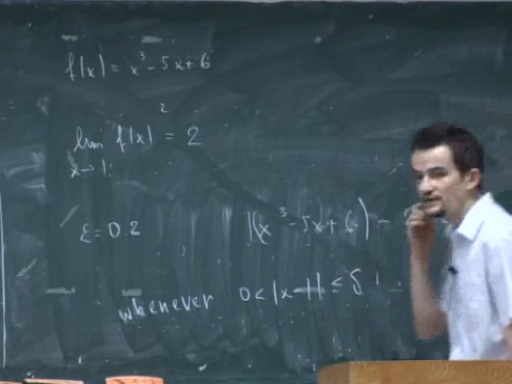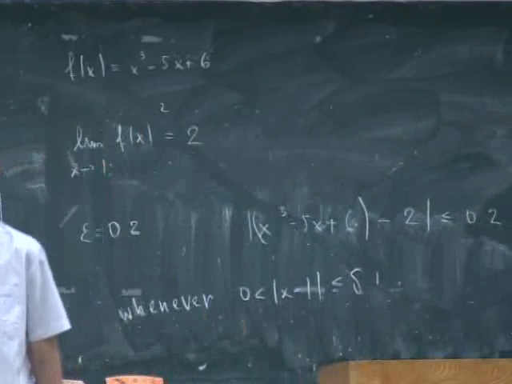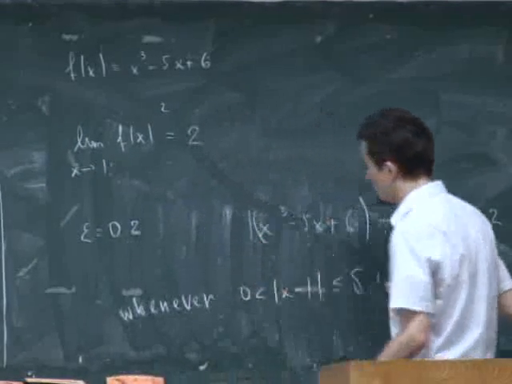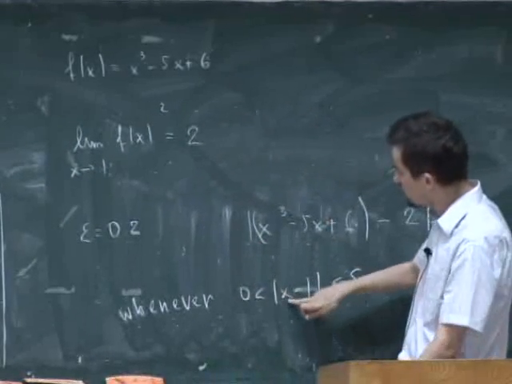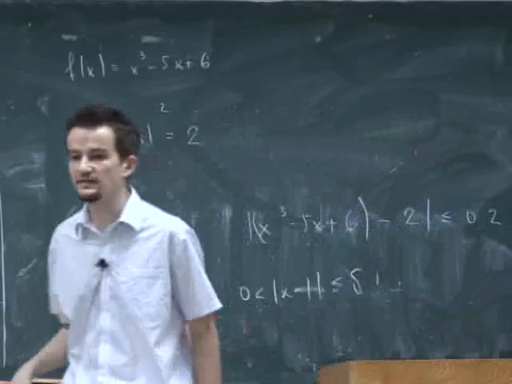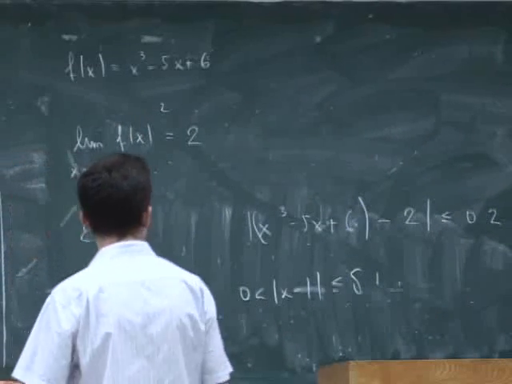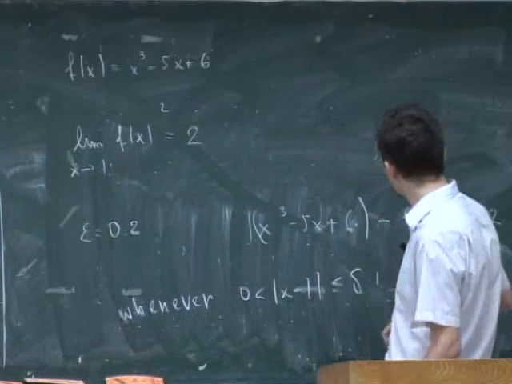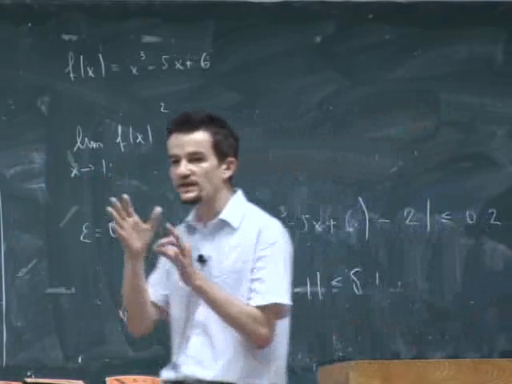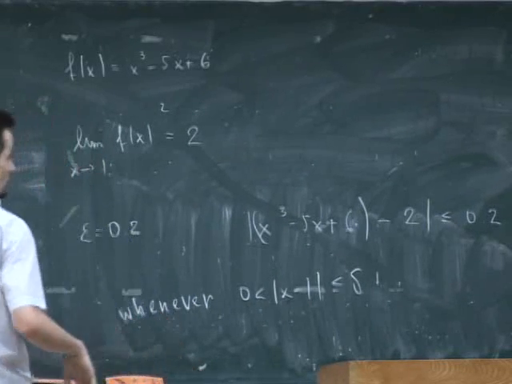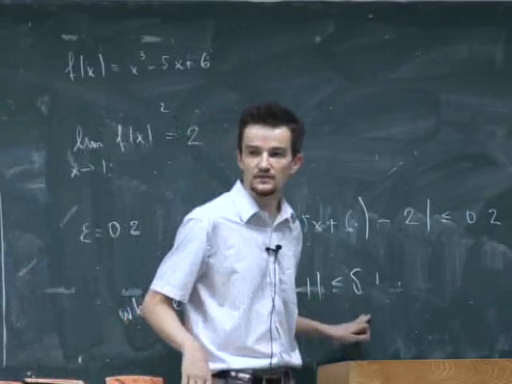Now you see, already from this example, it's not so easy, because it's not so easy to figure out how close x has to be to 1 here. Of course, you can use Maple to plot this graph, and then you can try to figure out, just by looking at the graph, as I have done here, what is the corresponding delta. Okay?